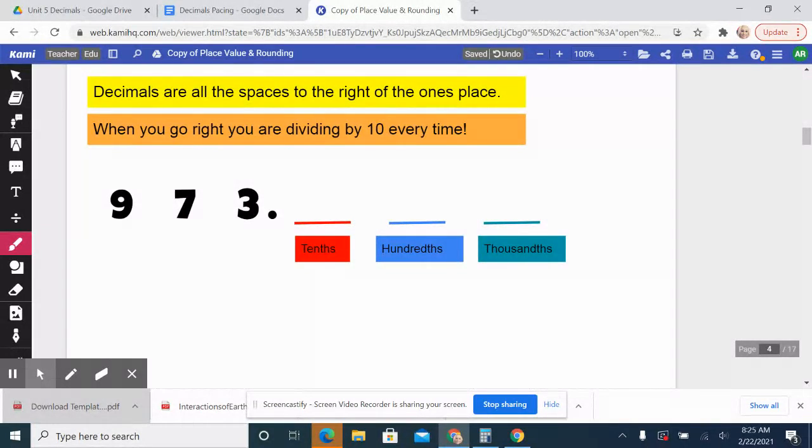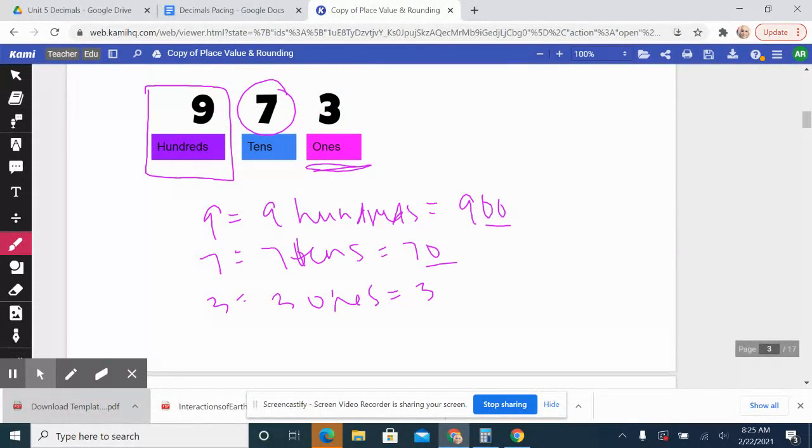So decimals are all the spaces to the right. This whole unit is going to be about decimals. You're going to learn to add, subtract, multiply, and divide. That will be the focus. So remember that when we go right, we are dividing by 10 every time, just like what was going on above. Notice how you go down a place value every time you move to the right.